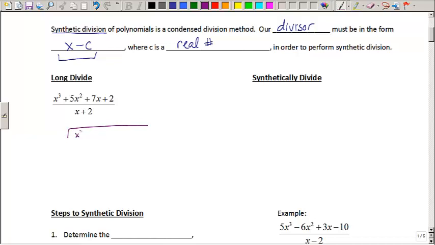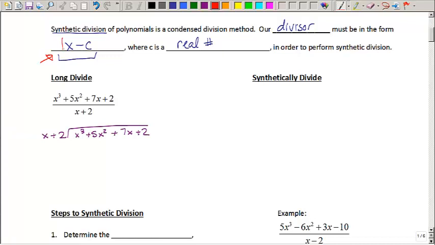And you're probably going to want to write small here. x plus 2 is my divisor. Notice that the x plus 2 is in the linear form, x minus c, where the leading coefficient is 1 and it's a linear term. So this will qualify for synthetic division.